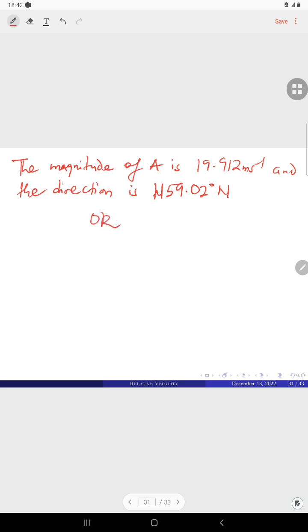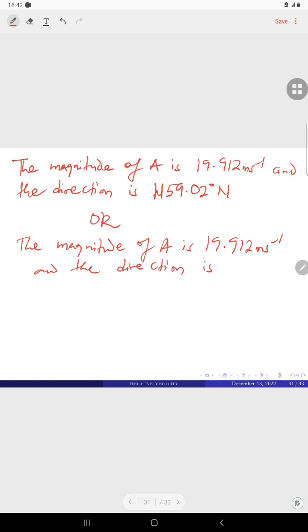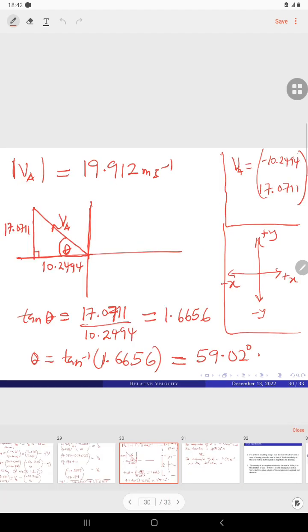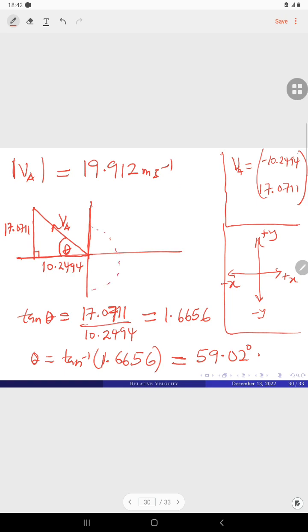So that is that. Or somebody, as I said previously, can also say that the magnitude of A is 19.912 meters per second, and the direction, you can also take it from the north, in clockwise direction. So it means that you need the whole of this angle. You need this angle and add it to this. This is our VA. So the angle from the north in clockwise direction to where the VA is.